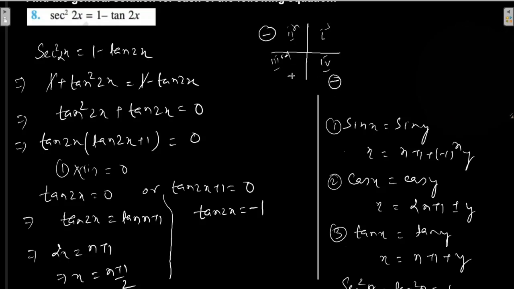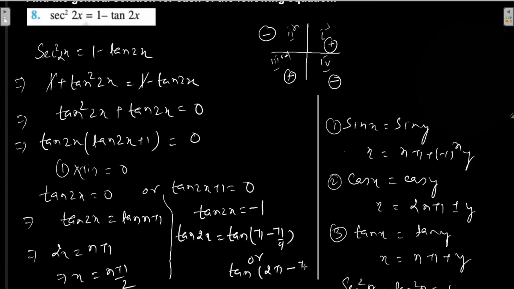It is positive in third as well as in first, right? So given this tan 2x equals to minus 1, we know that it has to be either in second quadrant or fourth quadrant. So what I can write here is tan 2x equals to, one of the values would be tan of pi minus pi by 4 or tan of 2 pi minus pi by 4.